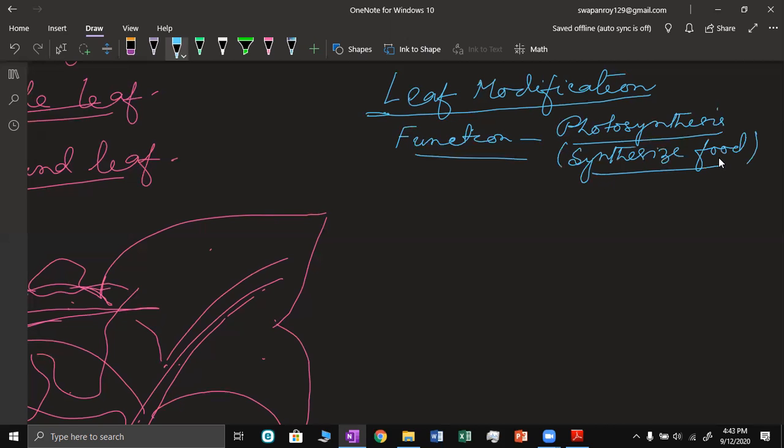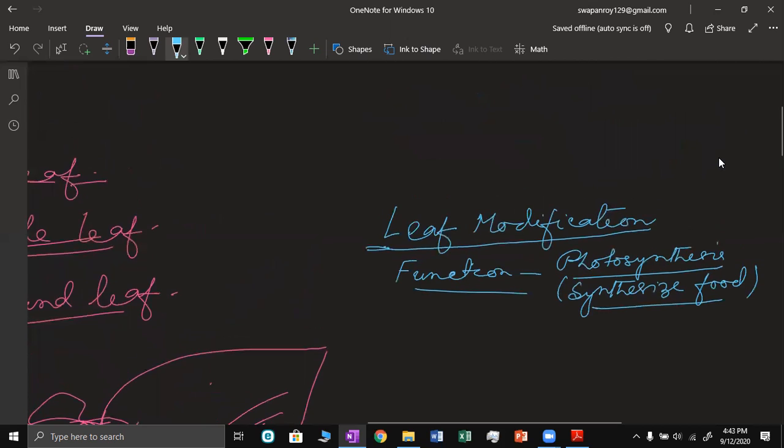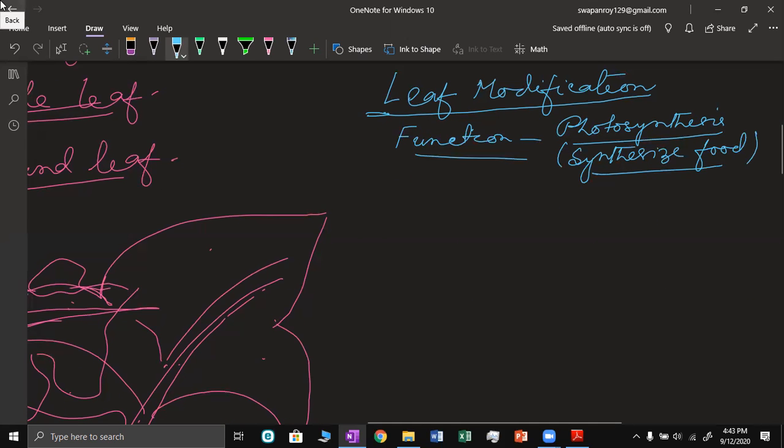But in many plant species, the leaves carry out some other function also along with photosynthesis, and for that the leaf gets modified.